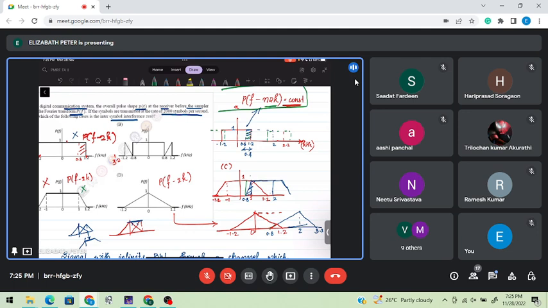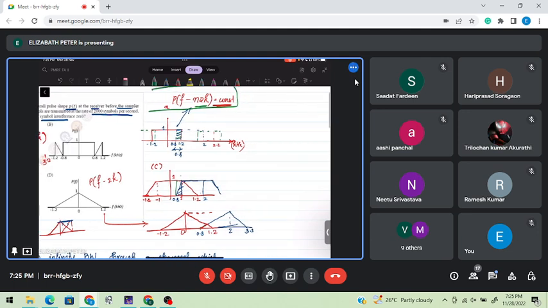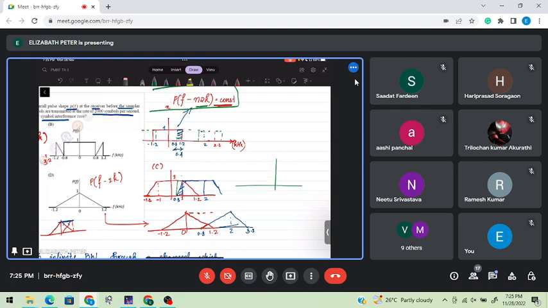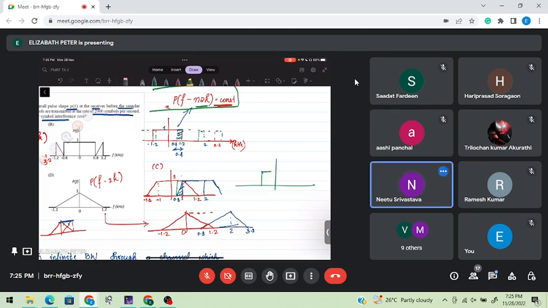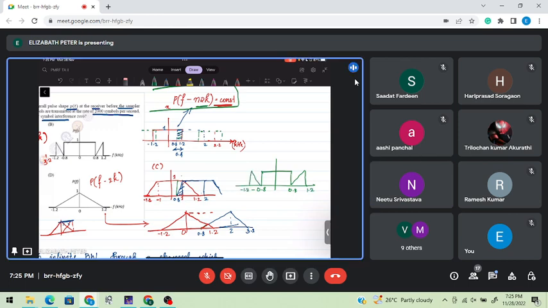Now come to this example. Here, shift the signal by 2K and see what happens. When you shift this by 2K, minus 1.2 will come at 0.8, right?